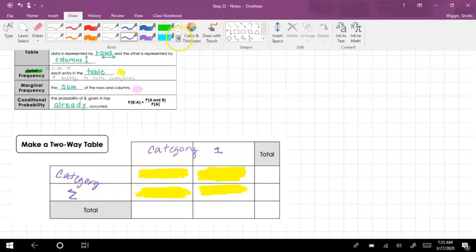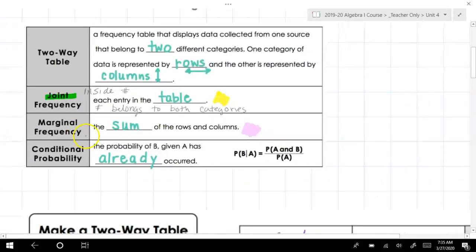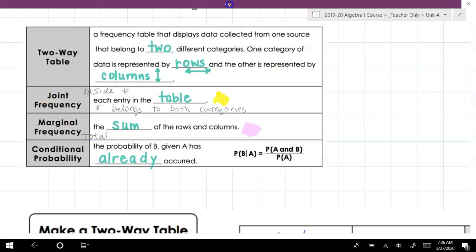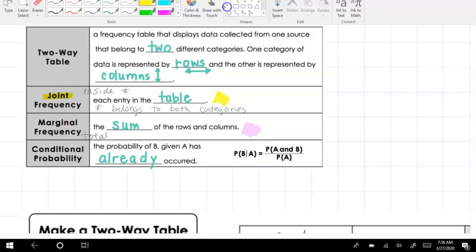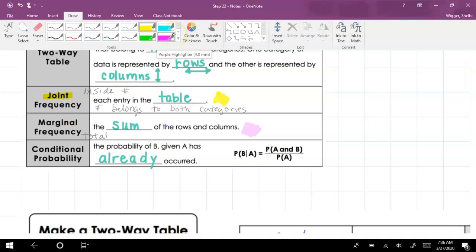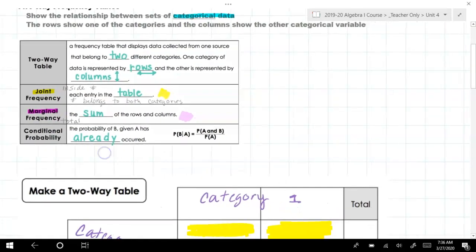Marginal means total. See the word marginal, I want you to think total. The total columns, which are the sum of the rows and columns.